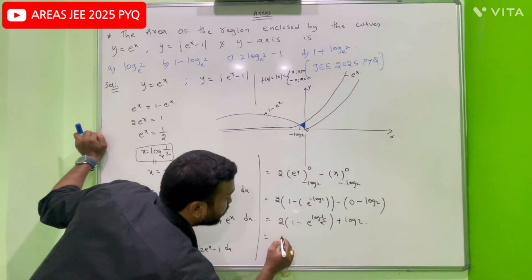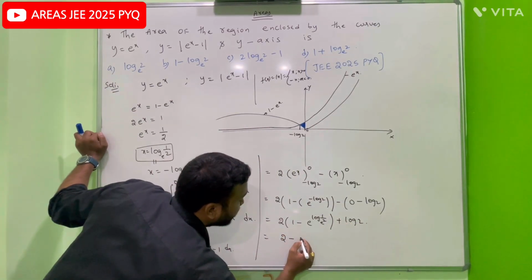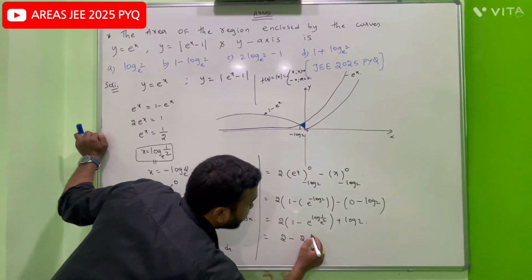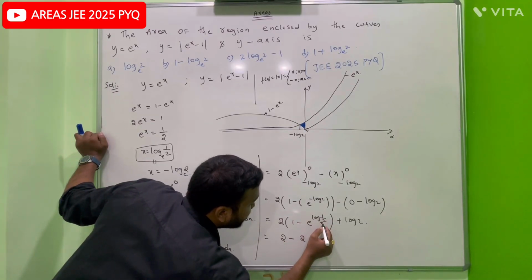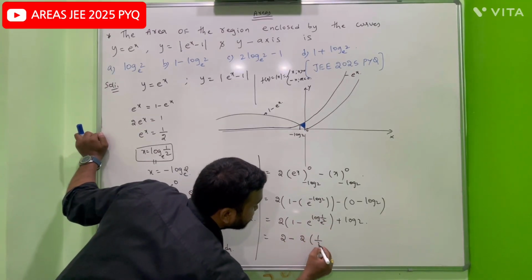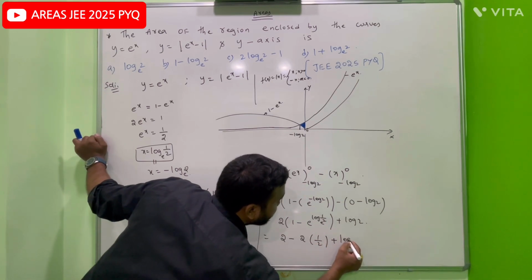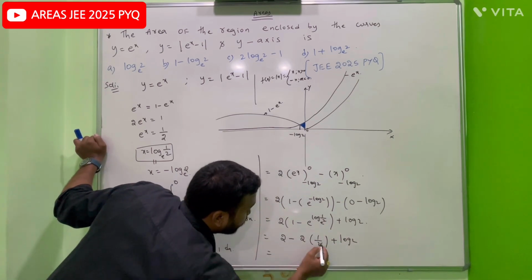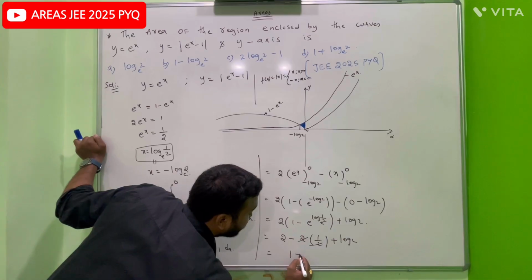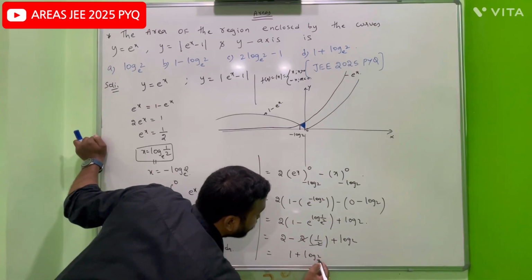So 2 into 1 by 2 is 1, and 2 times 1 by 2 is 1, giving 2 minus 1, which is 1 plus log 2 to the base e.